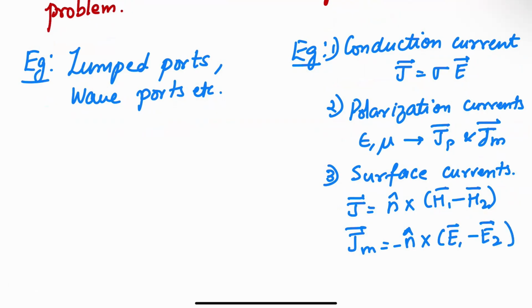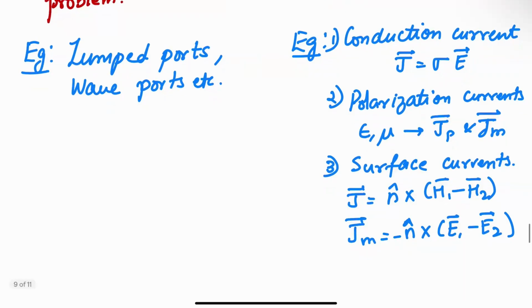Right, so given certain incident fields, we can say that you have equivalent polarization currents, or you have conduction current, or you have some surface currents that are placed, that are induced to satisfy boundary conditions, right, or the given fields.